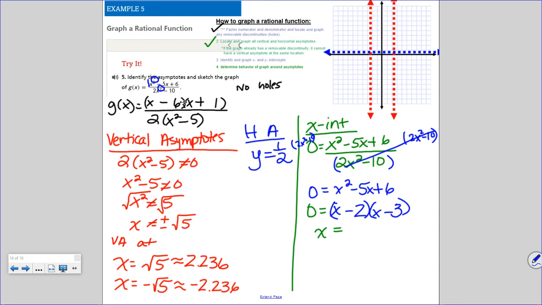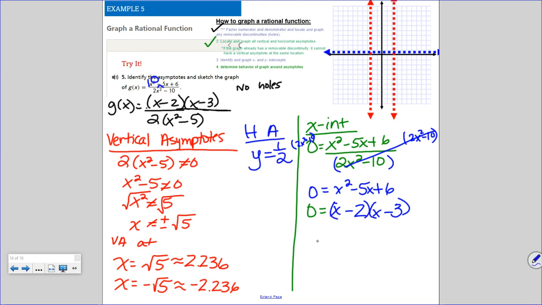So that just means I need to change this part up here, the numerator. x minus 2, x minus 3. There we go. Okay. That doesn't affect anything else in the problem. Yay. Okay. So 0 equals x minus 2 times x minus 3.